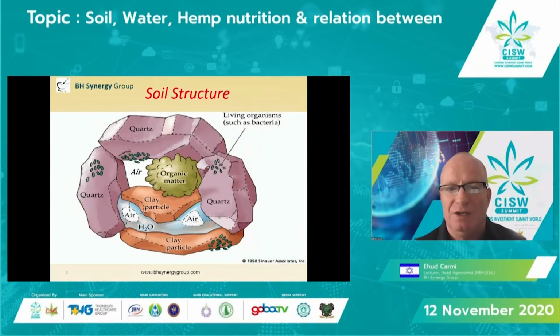Let's go inside to see what micro is, how a particle of the soil structure looks inside. It contains clay, or loam, it contains quartz, organic matter and minerals and everything. It contains living organisms, and it contains pores of air.